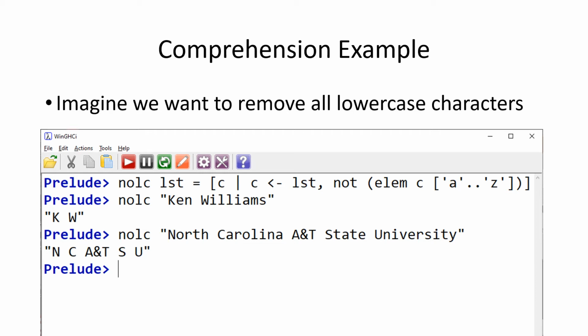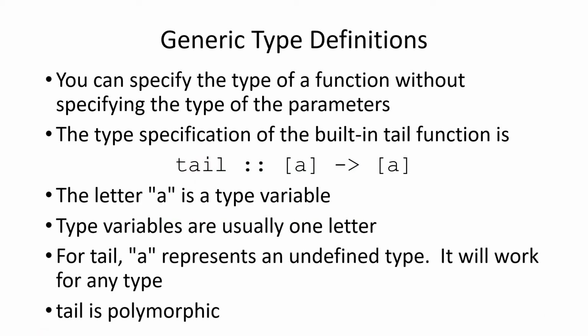So elem finds out if C is in the list. If C is in the list, it returns true, and then we not it, so it returns false. So we don't do it if it's in that list. And you can see in the examples, it takes out all the lowercase letters, leaving the spaces, special characters, and of course the capital letters.